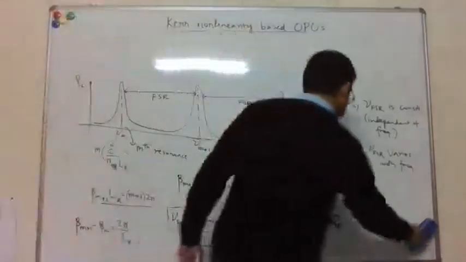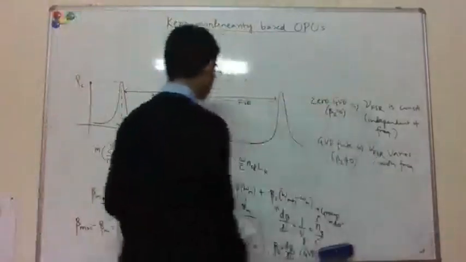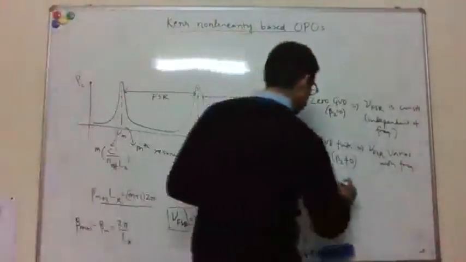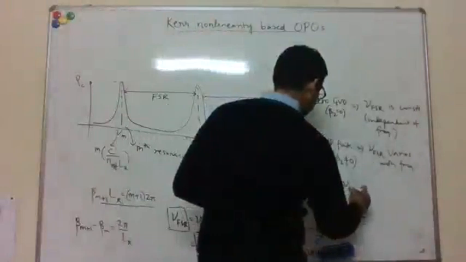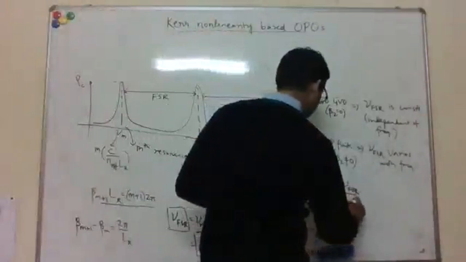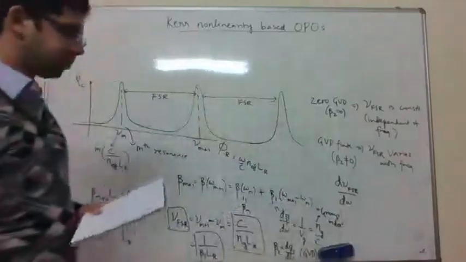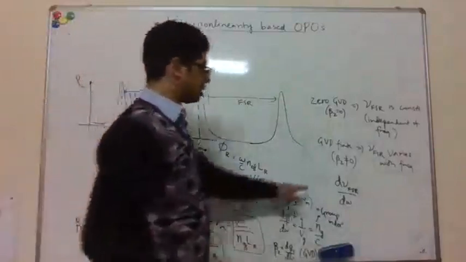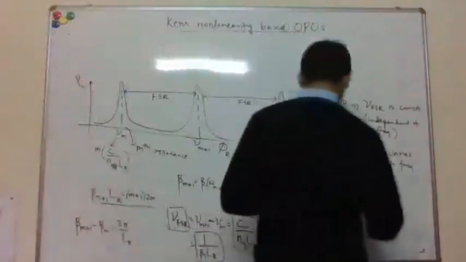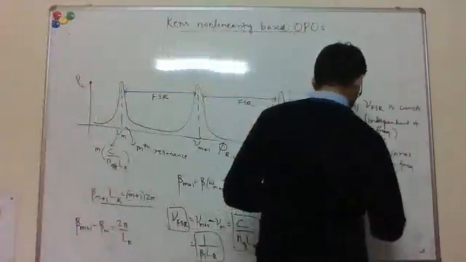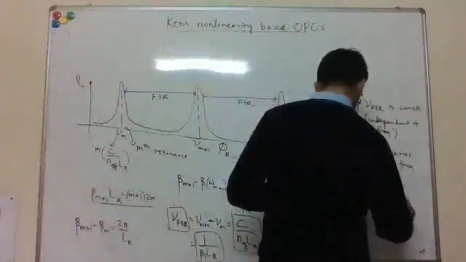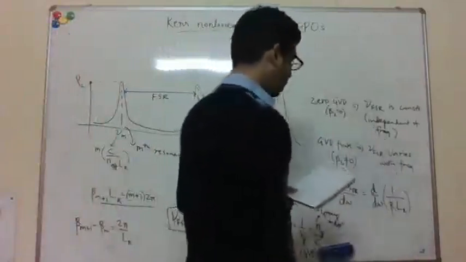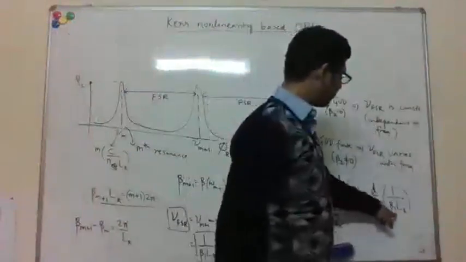Okay, and then you can see how fast this FSR is varying. So d nu FSR, so the variation of the FSR as a function of frequency. So we have the expression of FSR here, 1 over beta 1 times LR. So if we take the derivative with frequency, right, the only frequency dependent quantity here is this beta 1.